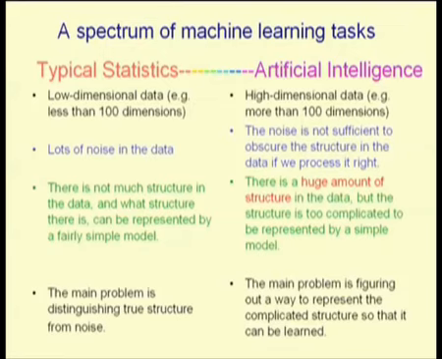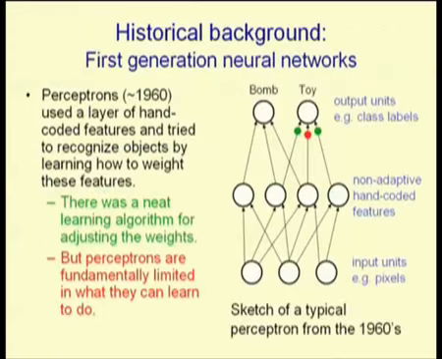So a little bit of historical background. I'm going to trash neural networks in 3 slides. In the 1960s, people developed perceptrons, late 50s and 60s, and this is what a typical perceptron looked like. You had some inputs, and I'll mainly focus on processing images, so let's suppose these are pixels. You had some features that were designed by hand. These could have been little bits of computer program, but you could also think of them as fixed feature detectors.